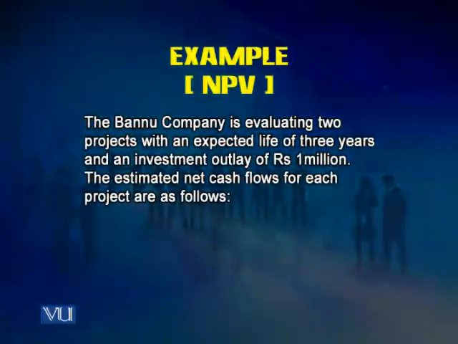Let's look at an example of the calculation of NPV. Here, the Bannu Company is evaluating two projects with an expected life of 3 years and an investment outlay of rupees 1 million. So this company has two projects.